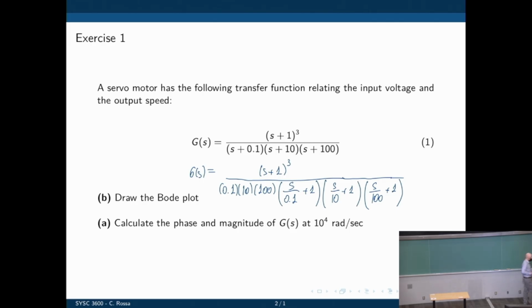For the 0 part, we don't need to do that because the 0 is already divided by plus 1. But if we had, let's say, S plus A here, how would we factor that out? If you had S plus A, we would want S divided by A plus 1.